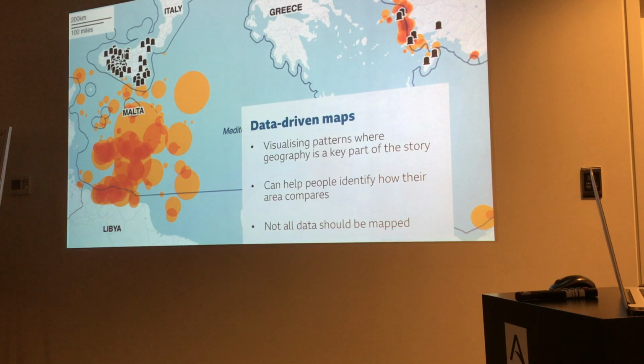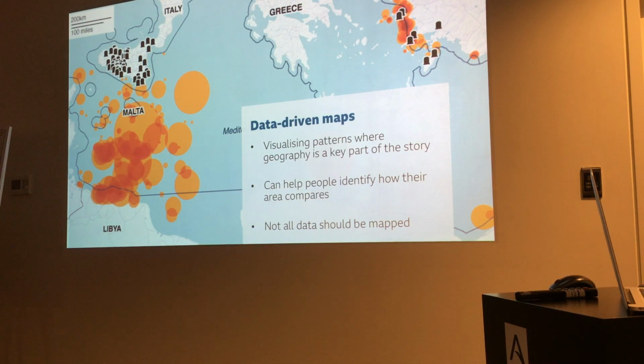We'd want to visualize what's happened, whether it's incidents. As you can see in this map, a few different things are happening. It shows the number of people who have died in different boat sinkings, as well as locations of cemeteries over the Mediterranean. So there are a few different layers on top of it.